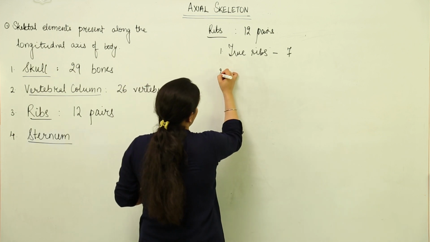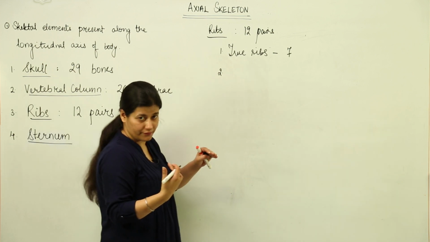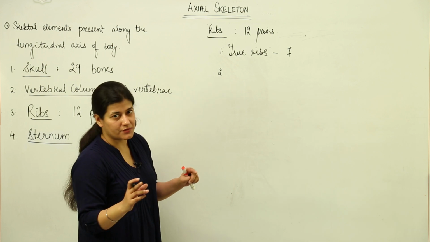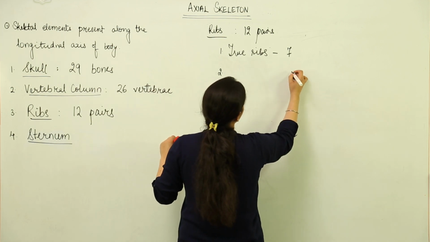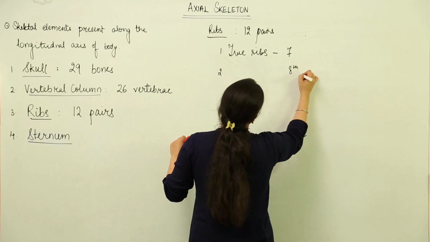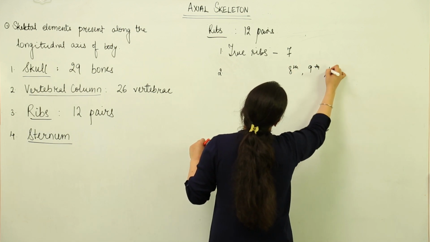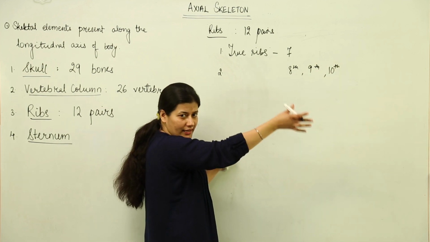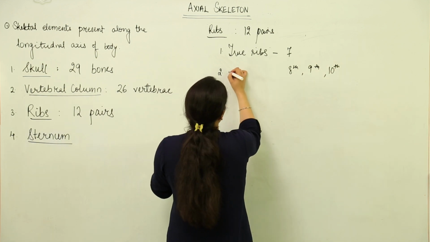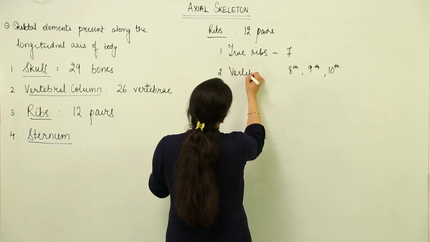Then the remaining 5 ribs which are present are not true ribs. There are first 3 ribs, that is the 8th, 9th and 10th rib, of course originating from the 8th, 9th and 10th thoracic vertebrae. They are vertebrochondral ribs.